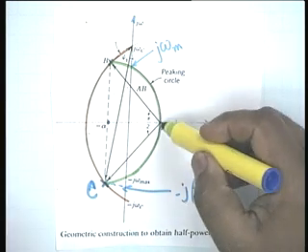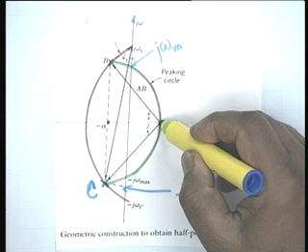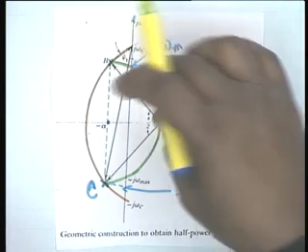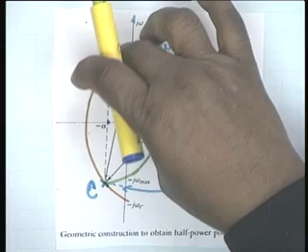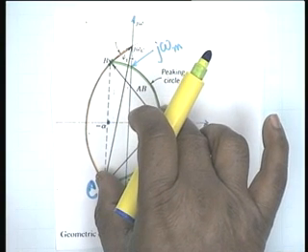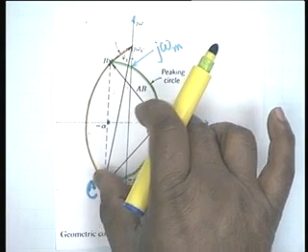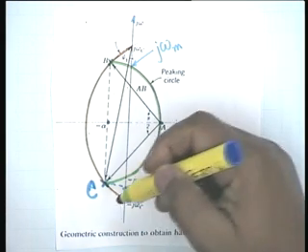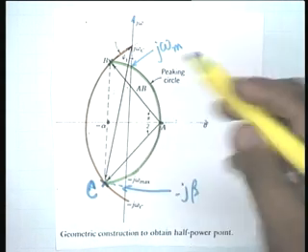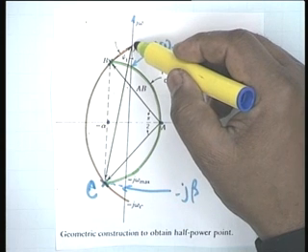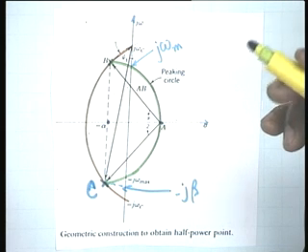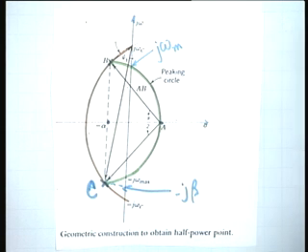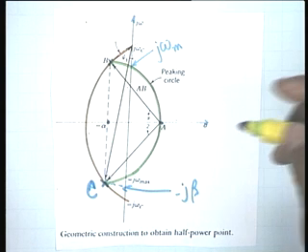What we do now is to take A as the center and AB as the radius, AB or AC, which is the same, the distance will be the same, and draw this orange circle. Let the orange circle intersect the j omega axis at j omega c. As you can see from the subscript, this is the half power point.